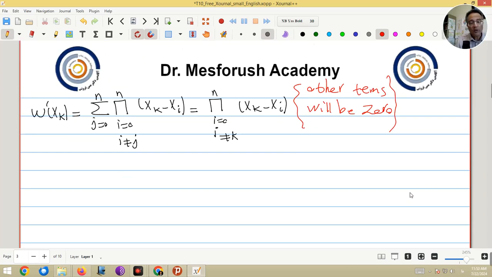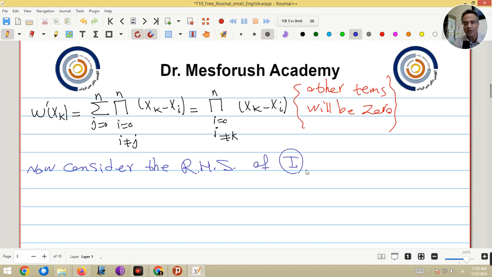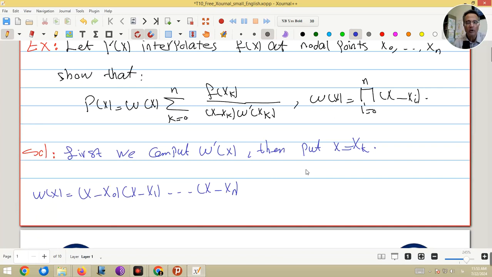Now, consider the right hand side of the desired result. Let me call it equation number 1, right hand side.